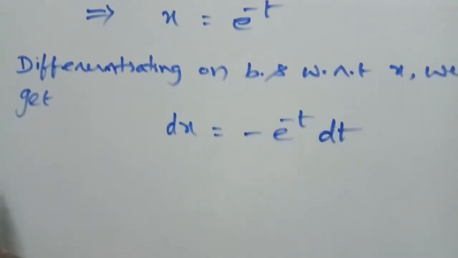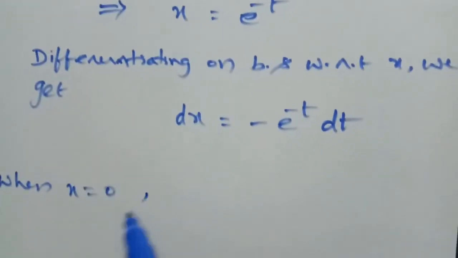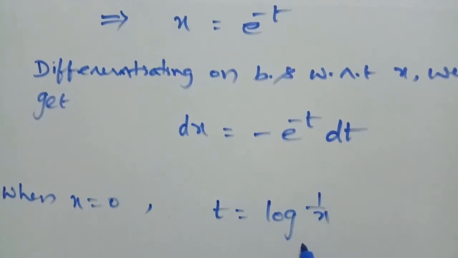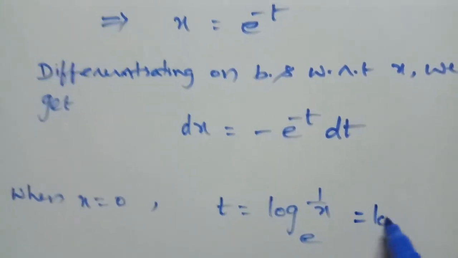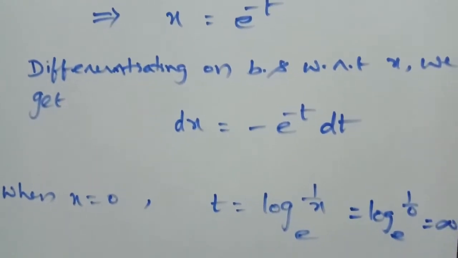And the limits: when x is equal to 0, the lower limit of x, t is equal to log of 1 by x base e, that is log of 1 by 0 base e, which tends to infinity.